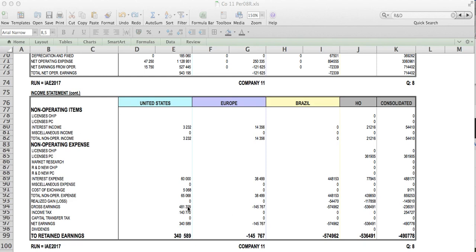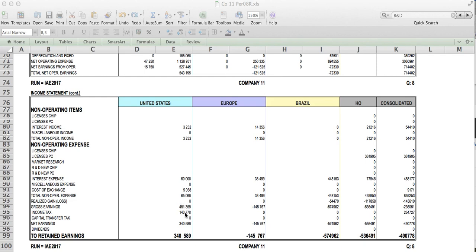Gross margin is the net from this point, so net operating margins plus non-operating income minus non-operating expense and realized gains and losses. That would go to gross earnings. On that basis, you are going to pay a tax in any area where you make a profit. This company has made a profit in the US, so it pays an income tax.